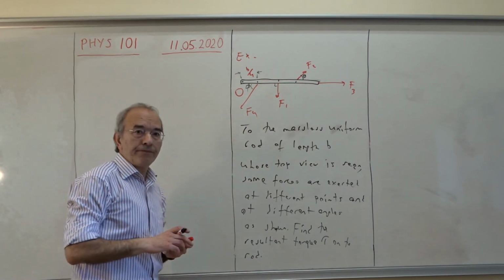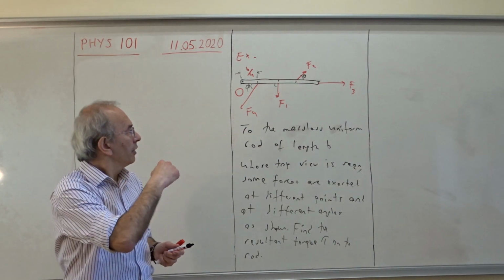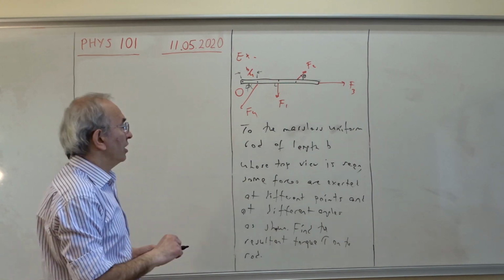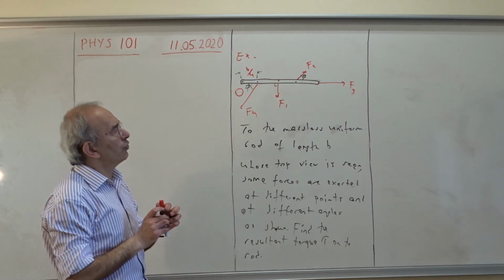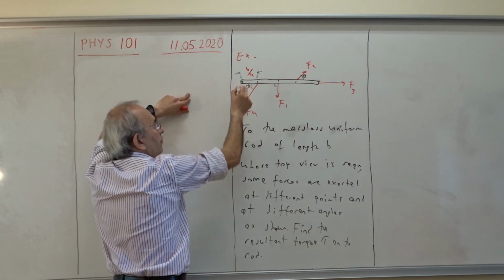Alright, first of all, in this case, there are two possibilities for the direction of torque: either clockwise or counterclockwise rotation. So which one of these forces will try to turn it, because that's the fixed point.